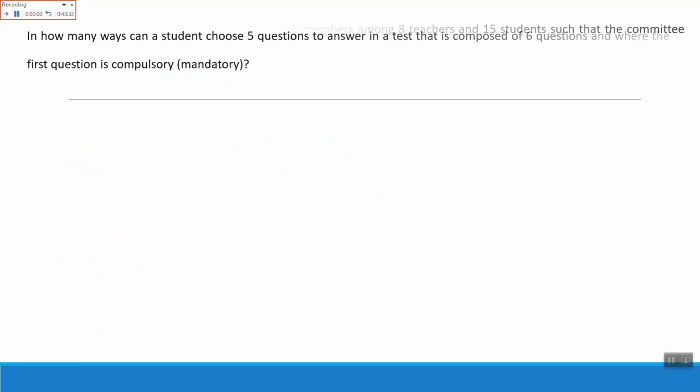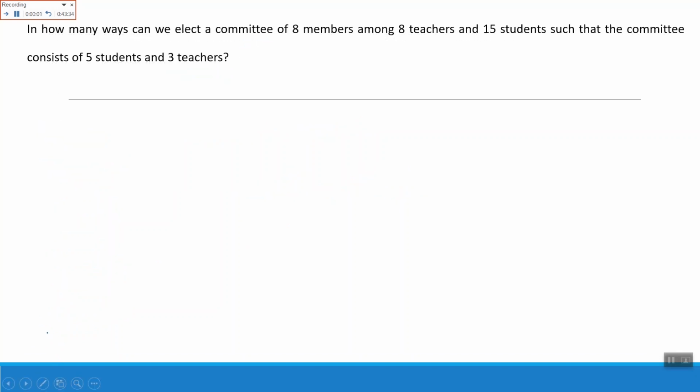Let's look at a similar question here. In how many ways can we elect a committee of 8 members among 8 teachers and 15 students, so that the committee consists of 5 students and 3 teachers? This is not a similar question.